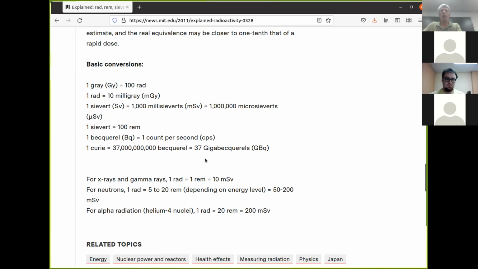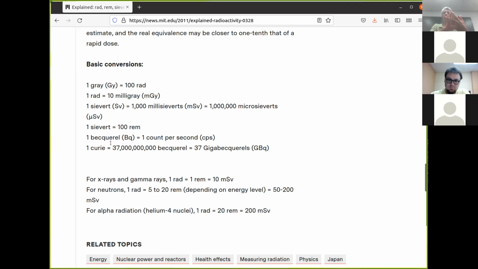So those are the most common units. So there's 3 different concepts: decay at the source, energy absorbed, and the effect that energy absorbed has.